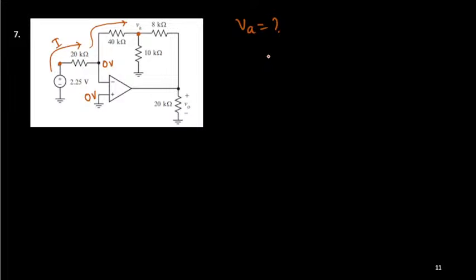So what I am saying is that this end is Vi, this is R1, okay? So I can consider 2.25 volt minus 0 by 20k, the current I. This is the same as 0 minus Va upon 40.